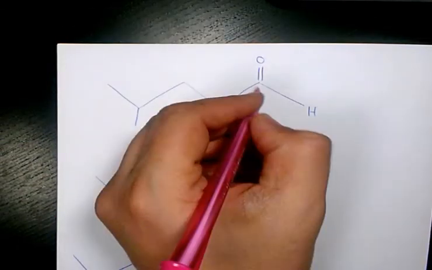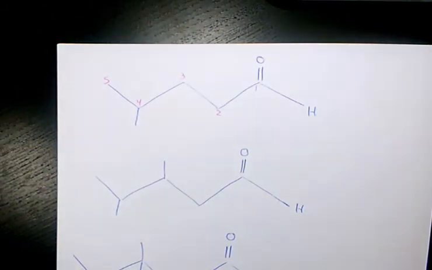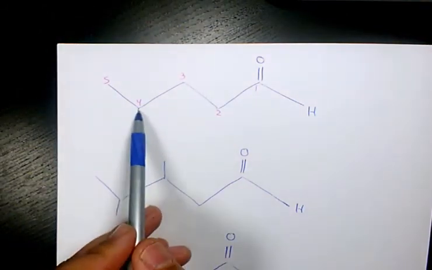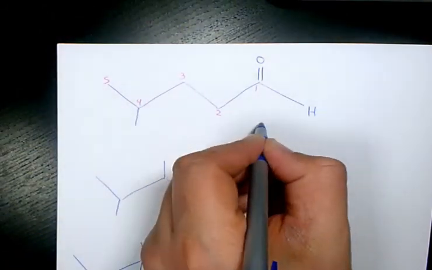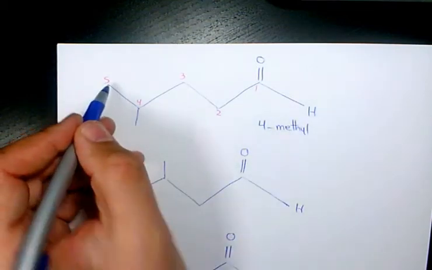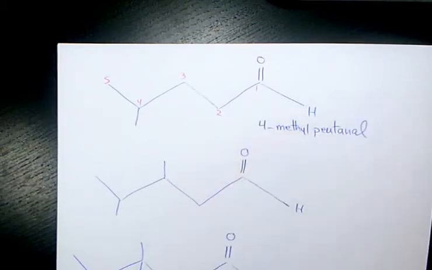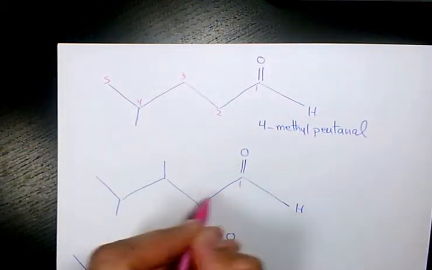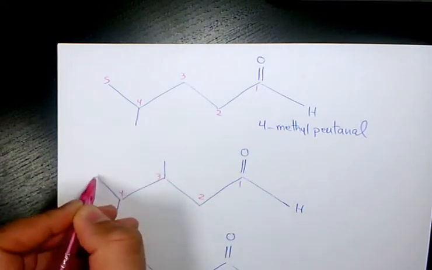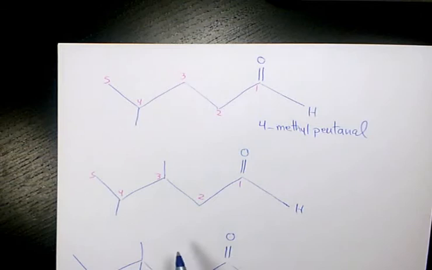So we have 1, 2, 3, 4, 5 carbons in the main chain. We have a methyl here, so we have 4-methyl pentanal. Next one, 1, 2, 3, 4, 5. We have methyl groups at carbons 3 and 4.